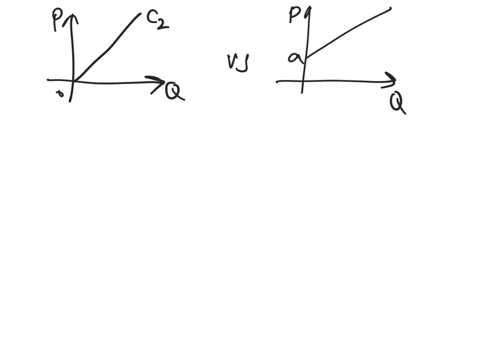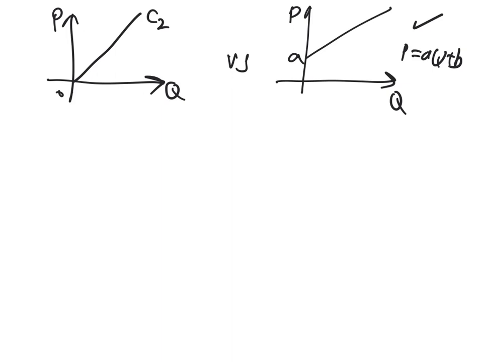So if you look carefully at the two lines, let's reason it out this way. If you look at the right hand side curve, this curve here, this is our proposed curve.